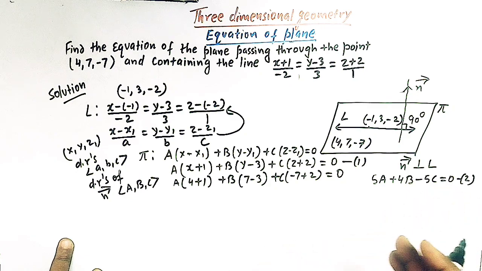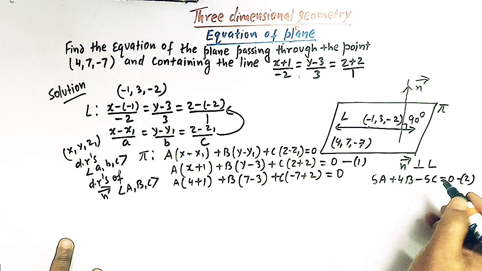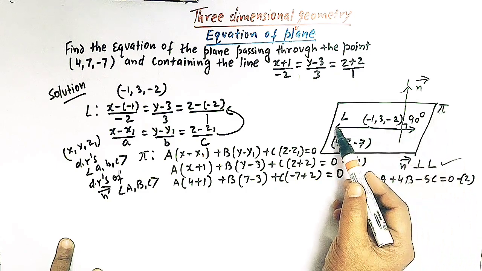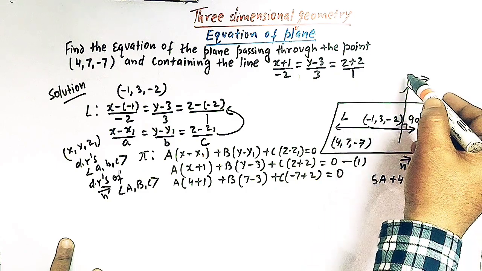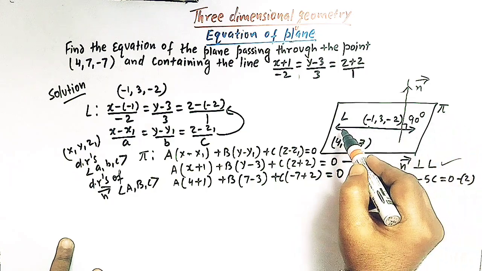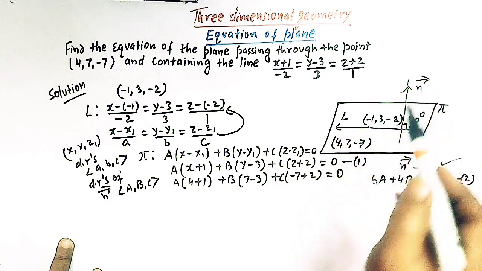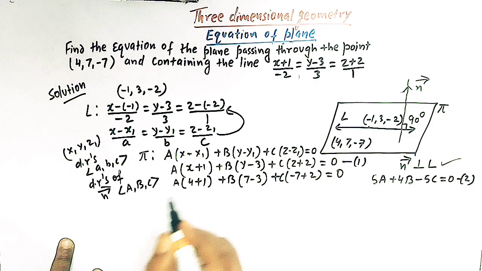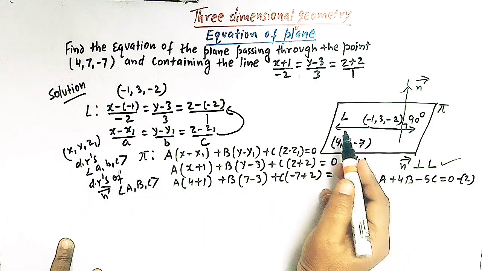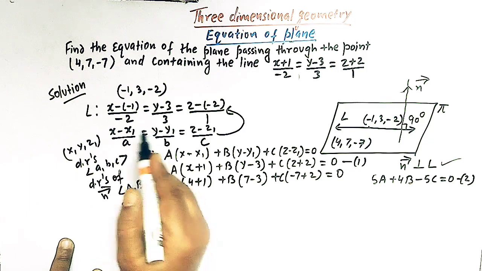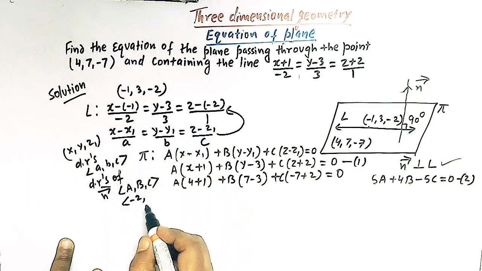Now our aim is to get another equation in A, B, and C using this condition. Since this plane pi contains this line L, the normal vector to this plane pi is also perpendicular to this line L. The direction ratios of the normal vector are A, B, and C, and the direction ratios of this line L are given by -2, 3, and 1.